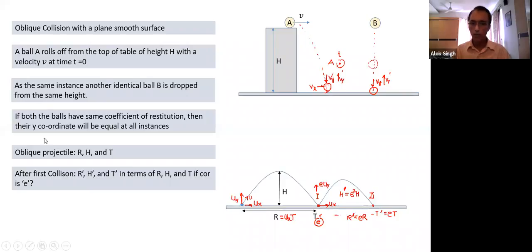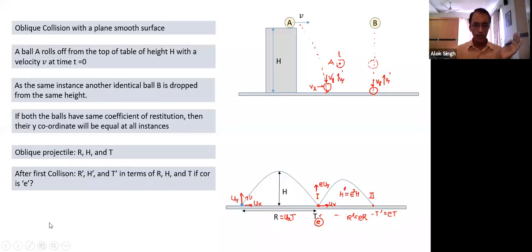And then we take an oblique collision. Oblique collision can also be treated as equivalent to a one-dimensional collision. We resolve into two components: the component perpendicular and the component along the line of collision. The perpendicular component, just as it is, we put in the final state. Along the line of collision, it becomes a one-dimensional collision and the principle can be applied. That's a typical example of a projectile.